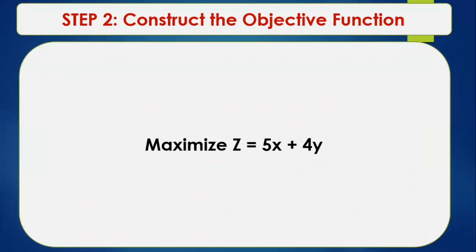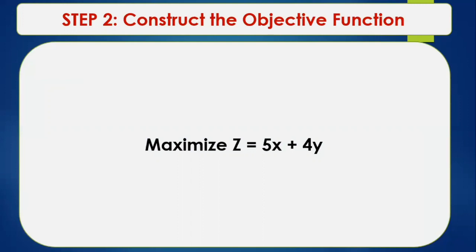We may say maximize Z equals 5x plus 4y, where Z refers to your profit per day, where 5 refers to the profit of your product X, and 4 refers to the profit margin of your product Y. Okay?